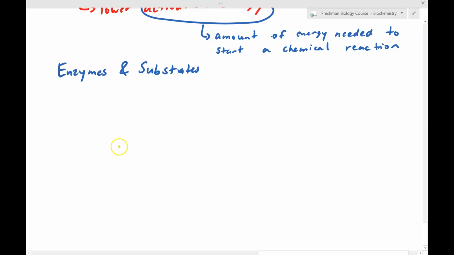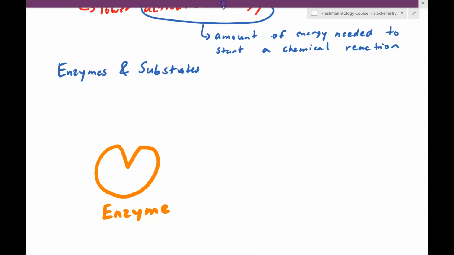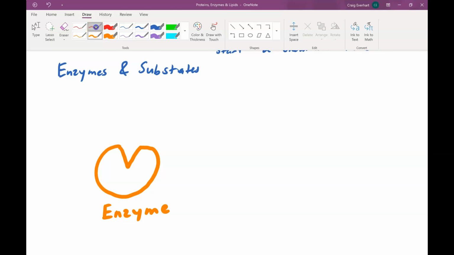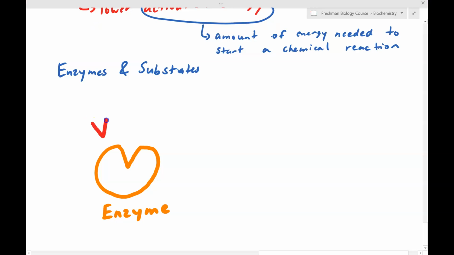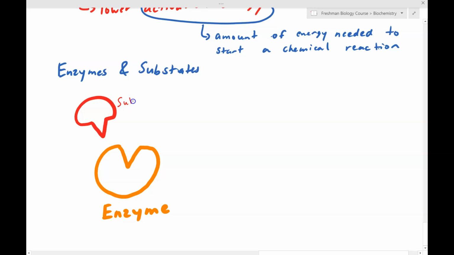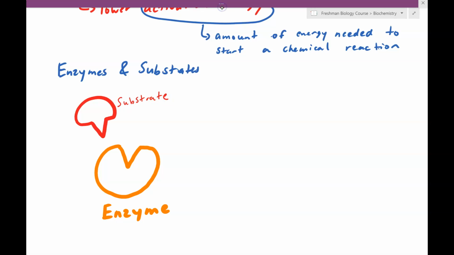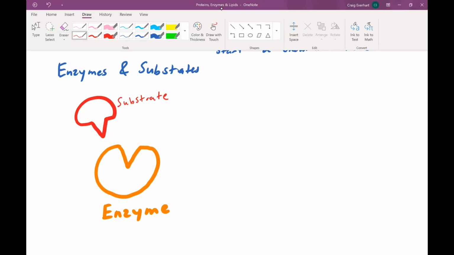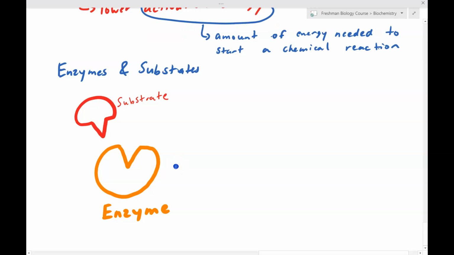Let's say that this is our enzyme in orange, and then we'll go for our substrate in red, maybe it would look something like this. So this is my substrate. And then we're going to move to the next step.